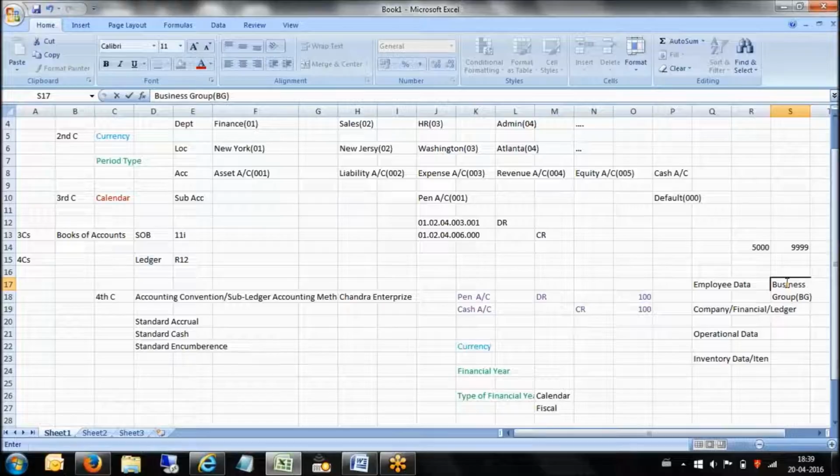Do they all sit in the same legal entity, or does Vijay Enterprises become its own legal entity because the chart of account is not different? It becomes a different legal entity, right?